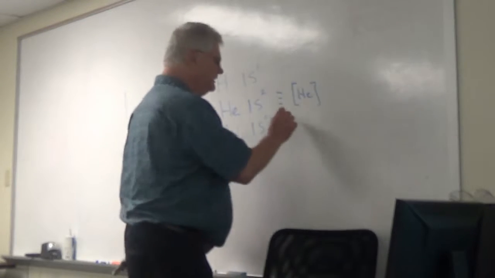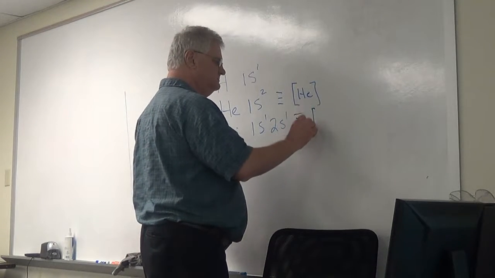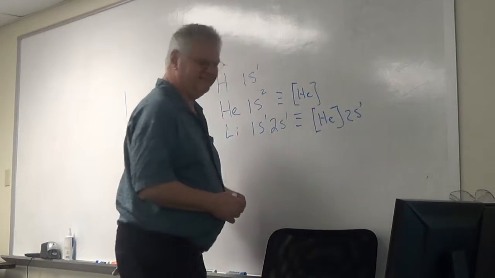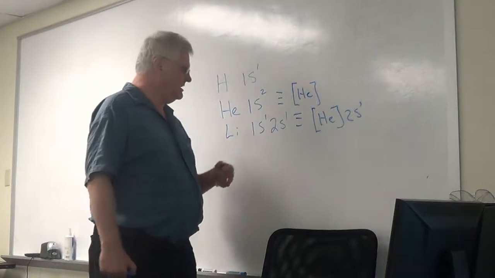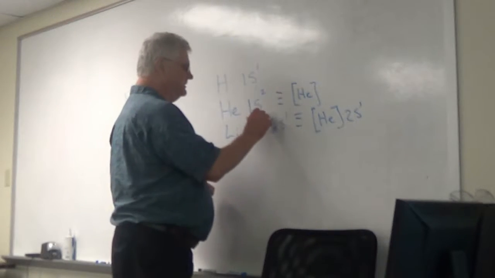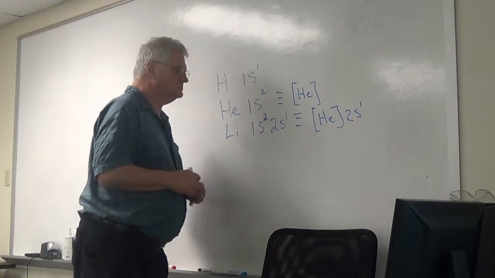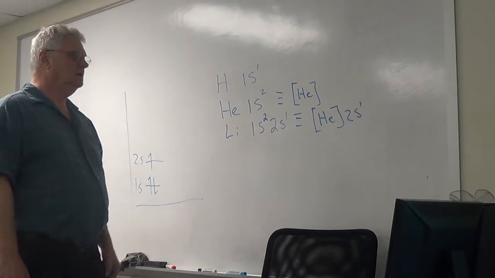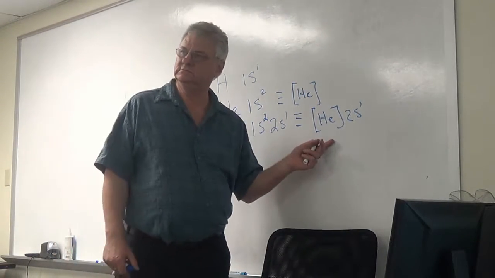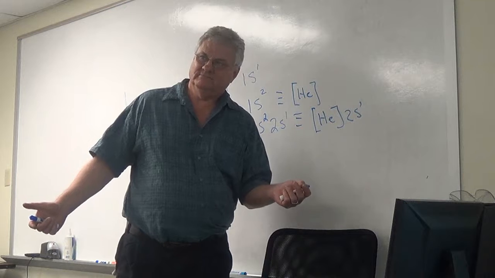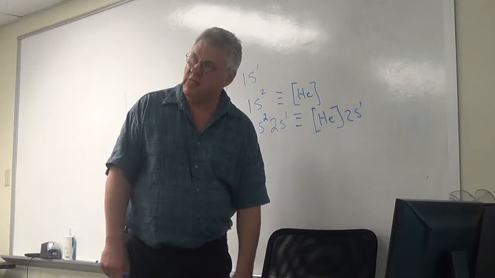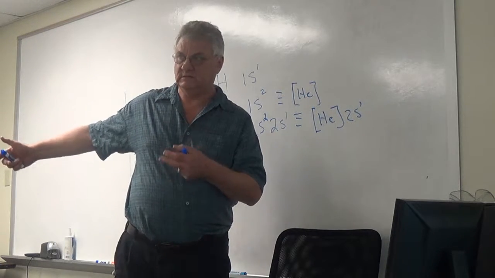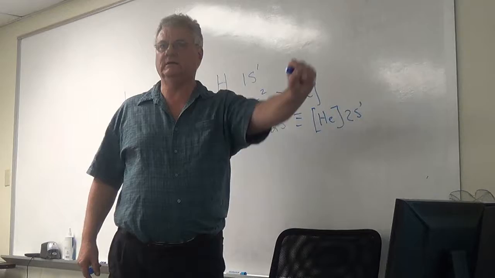And another way we can write lithium is helium in brackets and then 2s1. When you have this few electrons, we didn't really save any ink here, but when an atom has 91 electrons, you can save a lot of ink by putting the nearest noble gas symbol first and then show the rest.